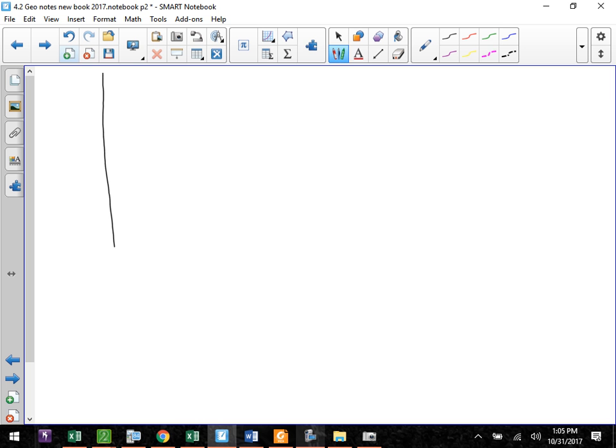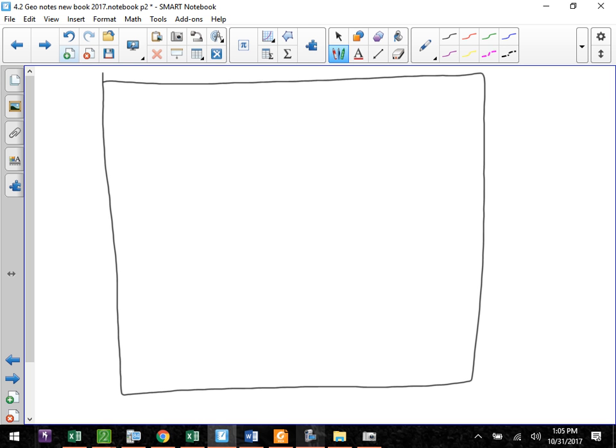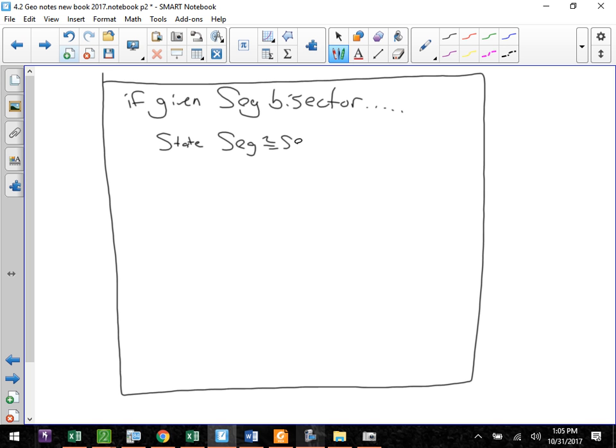Again, if you're given a segment bisector, it creates two congruent segments. A segment bisector creates two congruent segments.